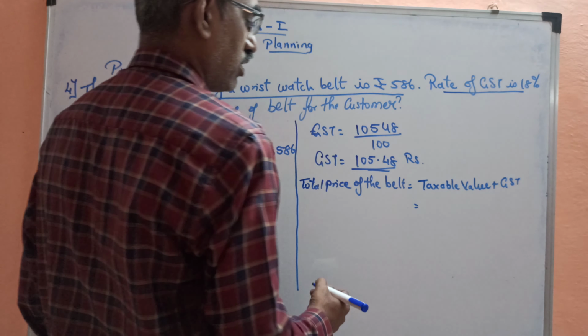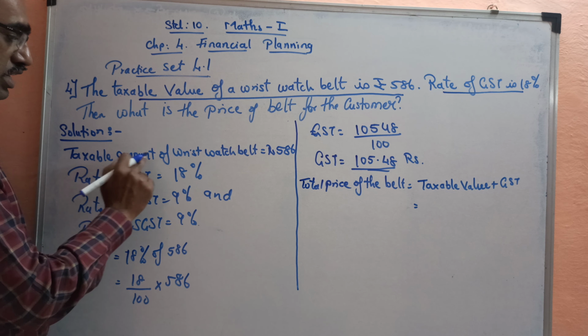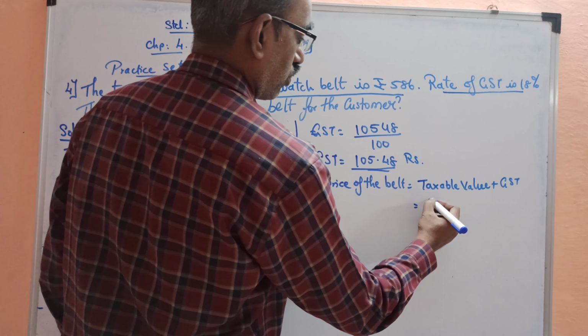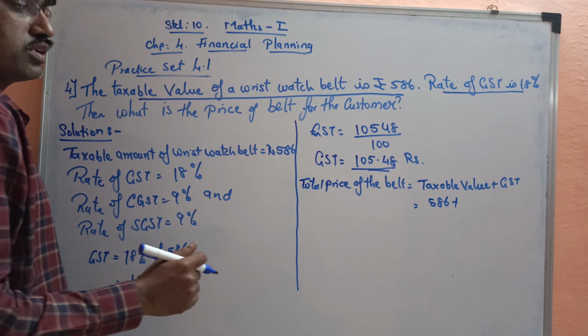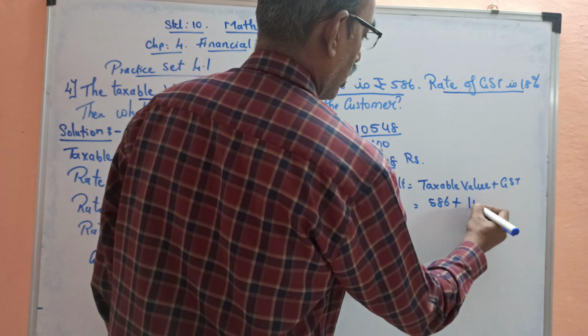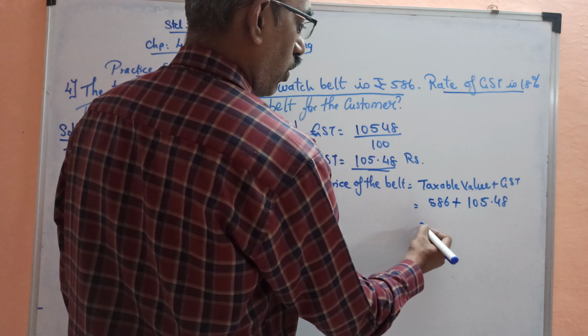So what is the taxable value? Taxable value is, this is the taxable value. We have written taxable amount of that. So 586 plus what is the GST percentage? That is 105.48.